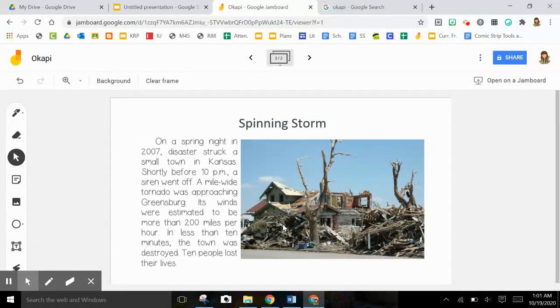There's a bug called a termite that eats wood. Maybe it did it. We don't know. But whenever I said the spinning storm and started reading this text, you realize, oh, it was a storm that has really powerful winds called a tornado, and it basically destroyed this house, and a lot more, an entire town. And it was so strong and so dangerous that 10 people died.